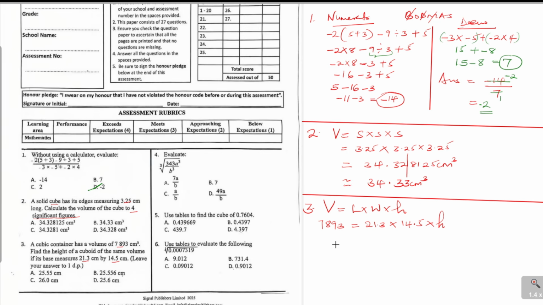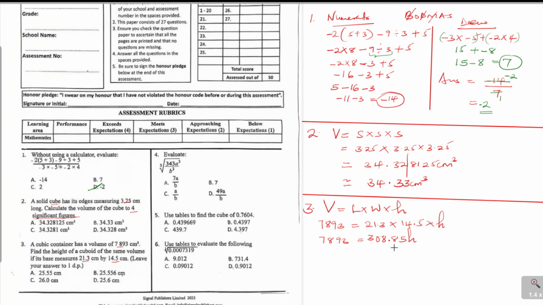Multiply 21.3 times 14.5, and that will give 308.85. Then multiply by the height, h.